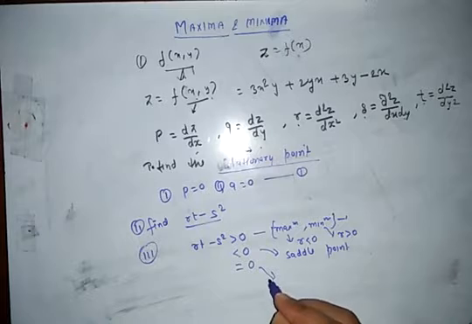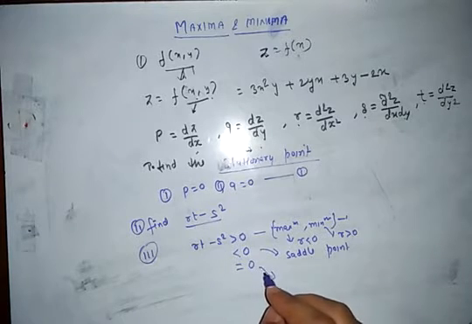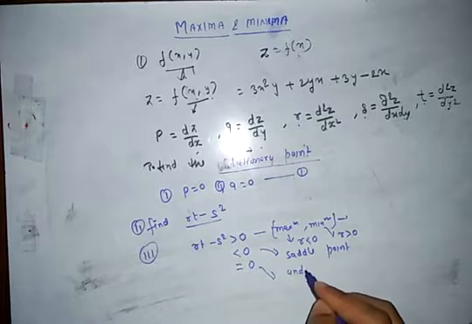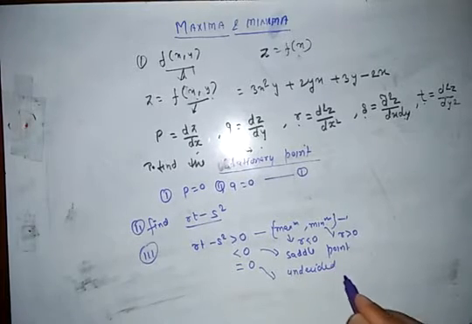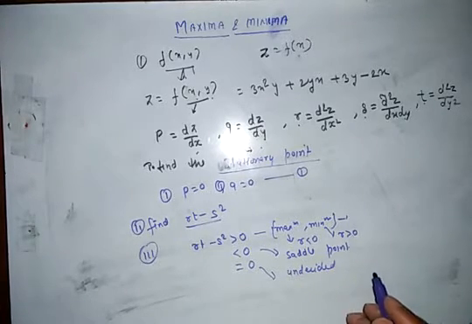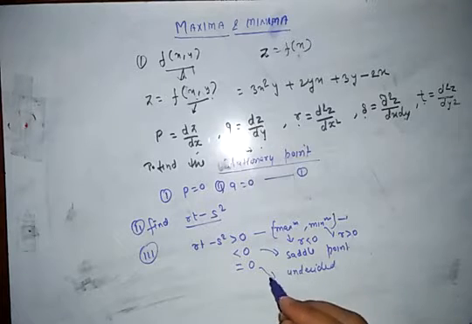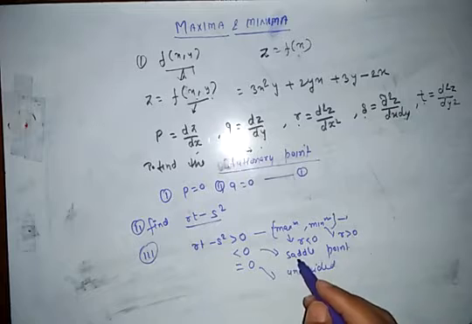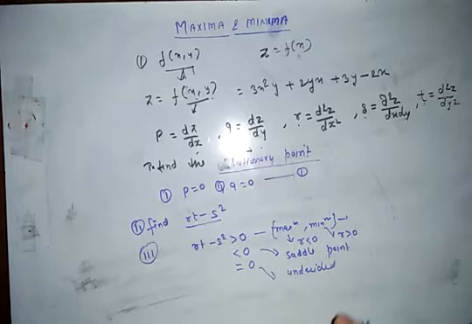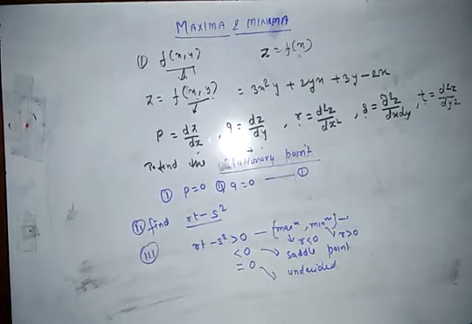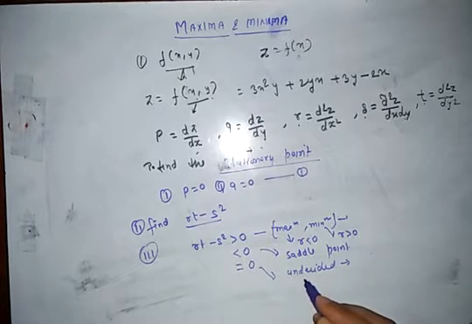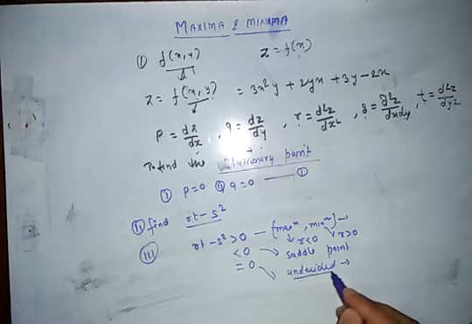When rt minus s square is equal to 0, the function at this condition is undecided. We are not in a position to say whether the function attains maxima or minima; it may or may not be. So for this condition we simply say it is an undecided condition.